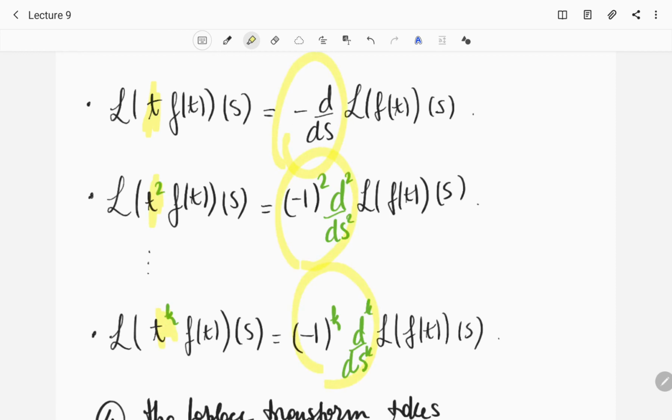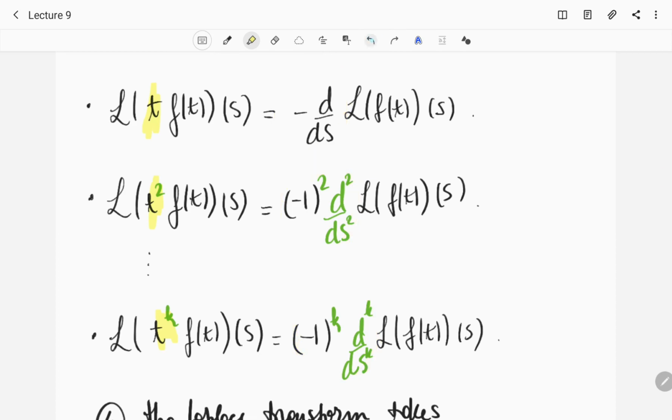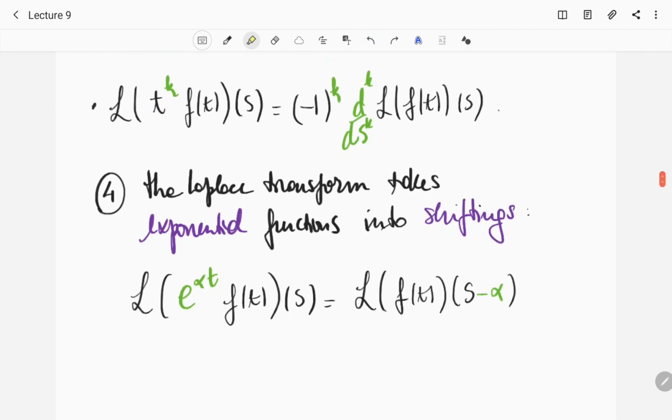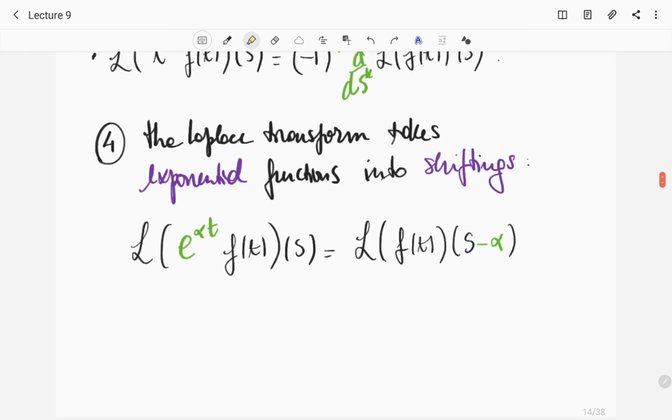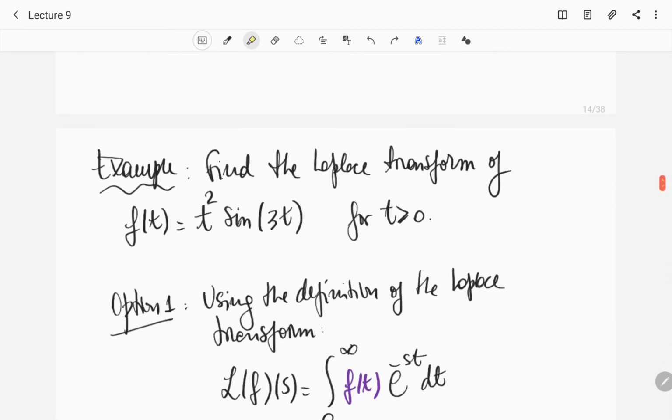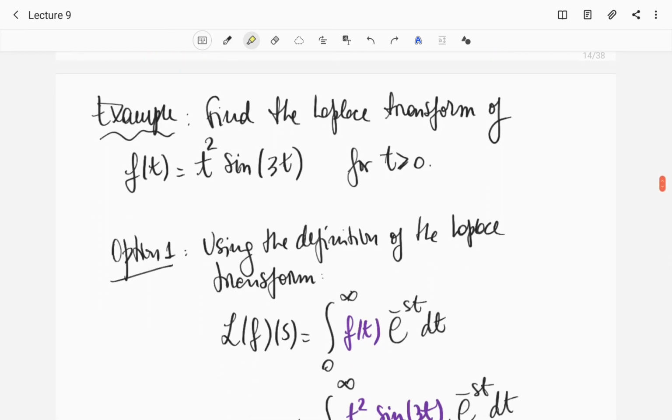This is the first, let's say, special or weird or hard property, not as easy to remember as the other ones. And then we have this other very nice property: exponential functions times the function, and if we compute the Laplace transform of this type of element, then we just shift the Laplace transform of the function f. Okay, with these four properties in mind, let's try to understand this example.